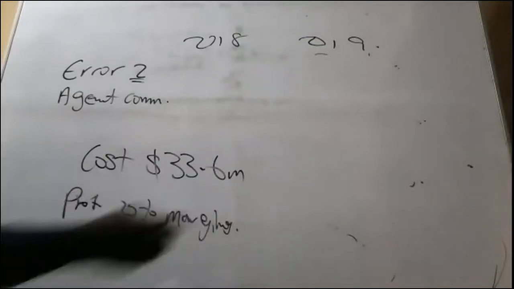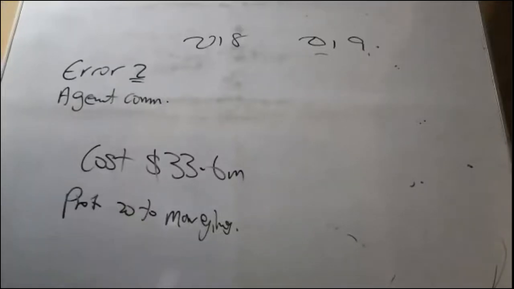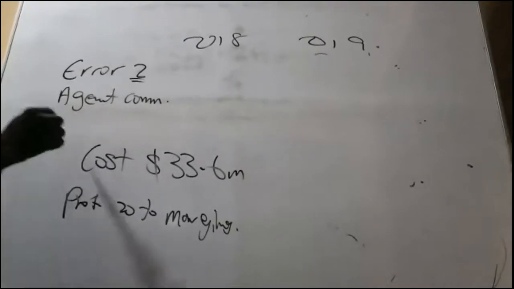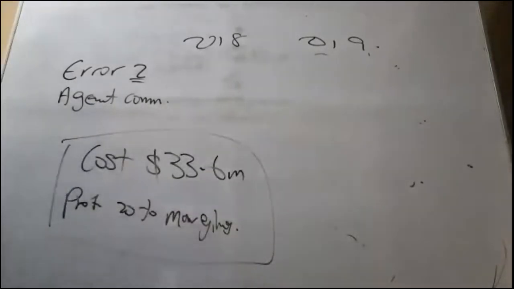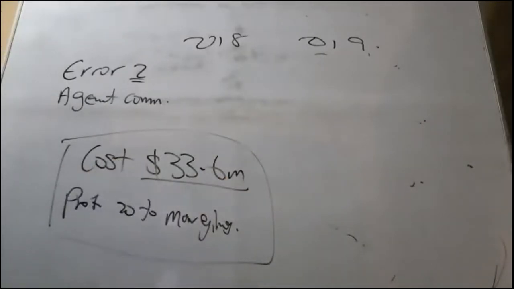So how do you get a selling price if this is margin? Okay. Now, can you try it for me? If the cost is 3.6 million and then it was disposed of at a margin, what would be the selling price?